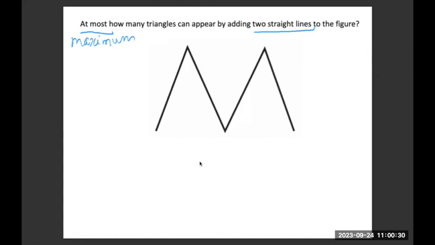Let me do this. Because I need the maximum triangles, and I have just 2 lines to add, I'll just add a triangle like this itself. So in this case, now I will start counting the number of triangles formed. 1, 2, 3, 4.